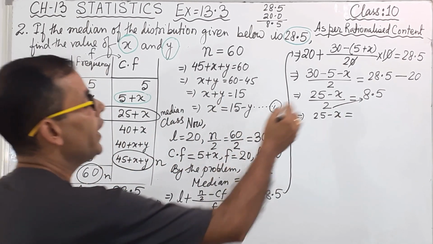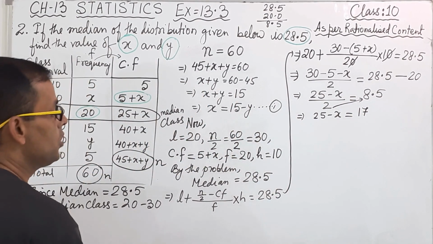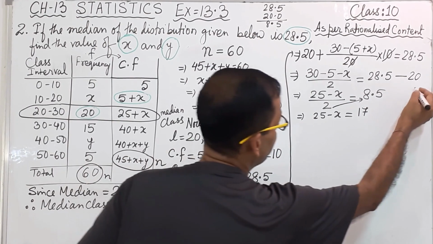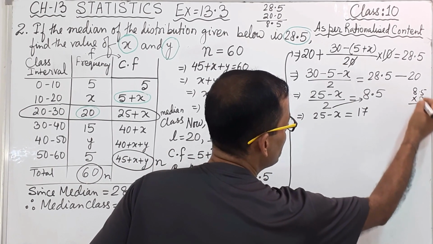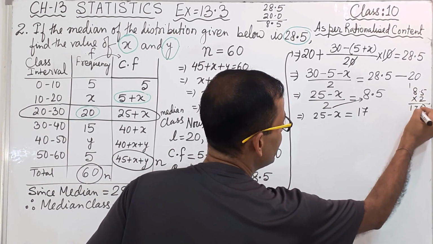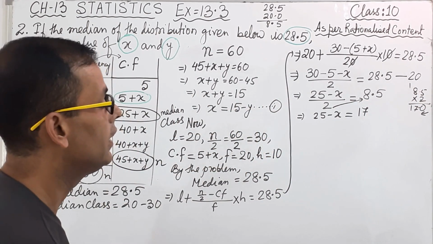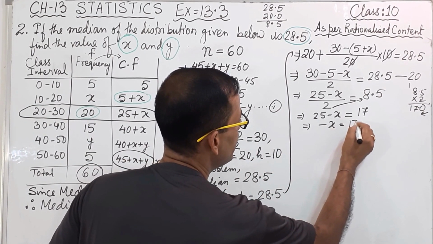So 2 into 8.5 will be 17. If you don't know, you can do one rough work. 8.5 into 2: 2 5s are 10, 2 8s are 16, 17. And the point will be from this side after one digit. Now minus x equal to 17.